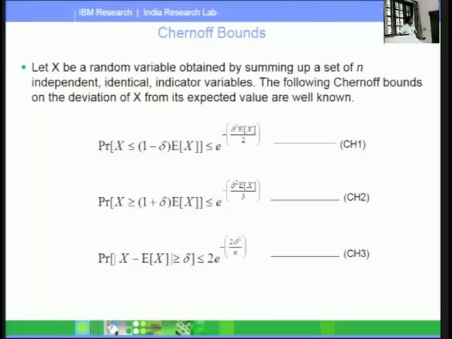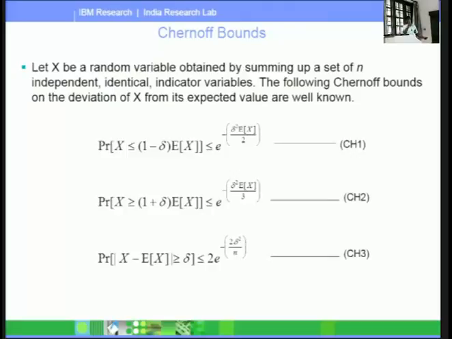What is the probability that the actual outcome of the experiment is very different, let's say 1 minus delta times what is really the expected behavior? That is actually this quantity, e to the minus delta square times the expectation of that experiment divided by 2. Obviously, as your delta goes closer to 1, this number becomes very small.